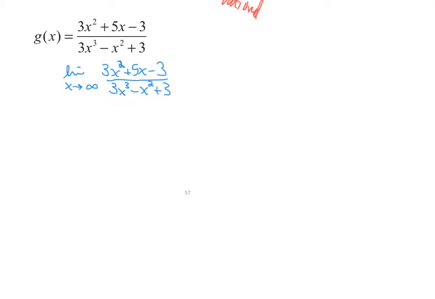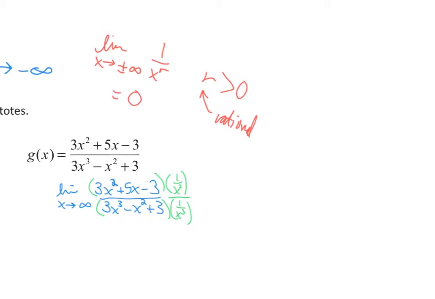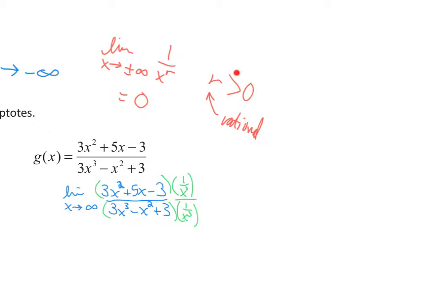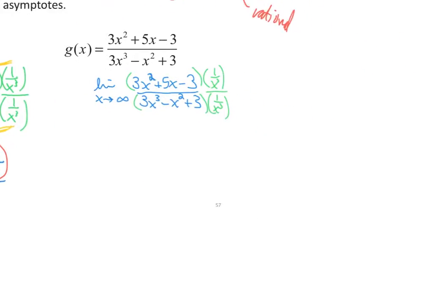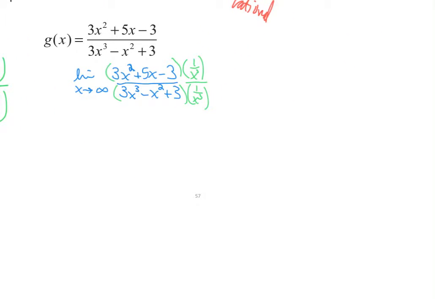And the answer is x cubed, which means I'm going to multiply top and bottom by 1 over x cubed. Then I'm going to use the fact in red above to try to calculate this limit, and then use that to state the equation of the horizontal asymptotes.